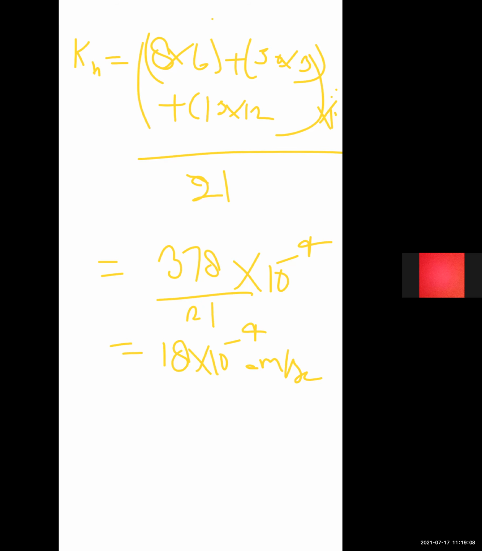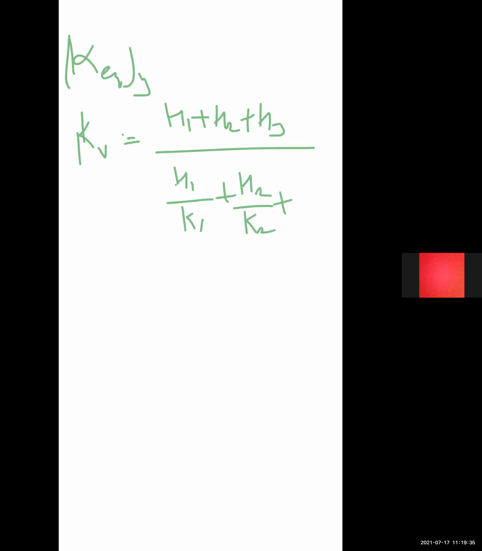Similarly, we find K equivalent in the y direction, that is the vertical. So KV equal to, formula is H1 plus H2 plus H3 divided by H1 by K1 plus H2 by K2 plus H3 by K3.